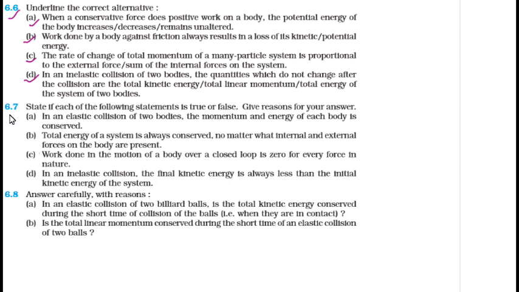Question number 6.7. State whether each of the following statements is true or false. Give reason for your answers. A. In an elastic collision of two bodies, the momentum and energy of each body is conserved.